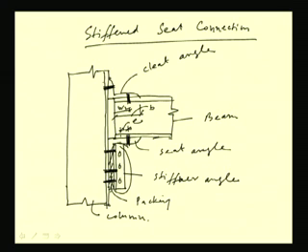Other design will be as done in the case of unstiffened seat connections. In the case of stiffened seat connections, the only difference will be the design of the stiffener, and for designing the stiffener we will see how the load is coming due to eccentricity and due to the direct load, how to find out the equivalent load and how to check the resultant forces. So, we will see this one.